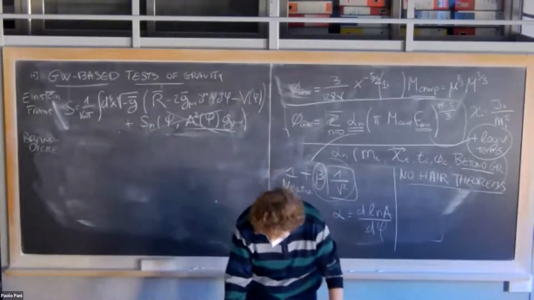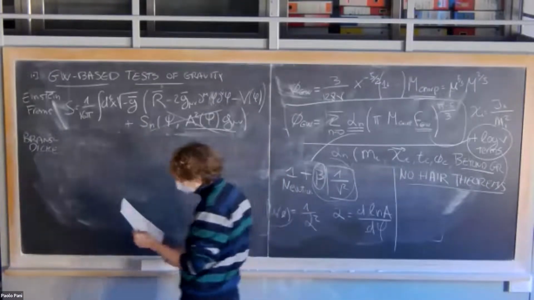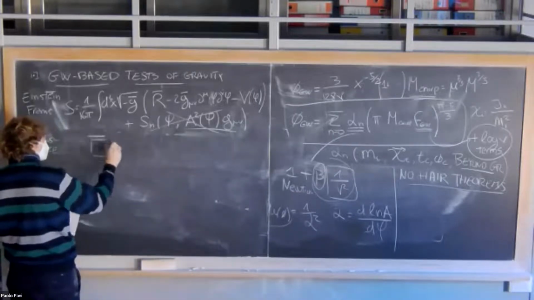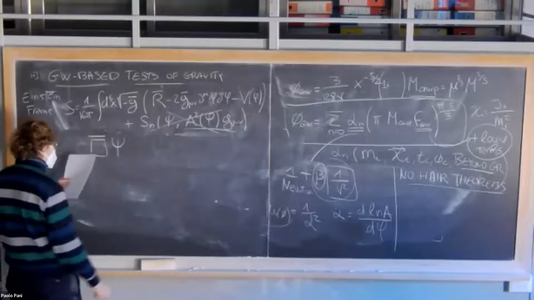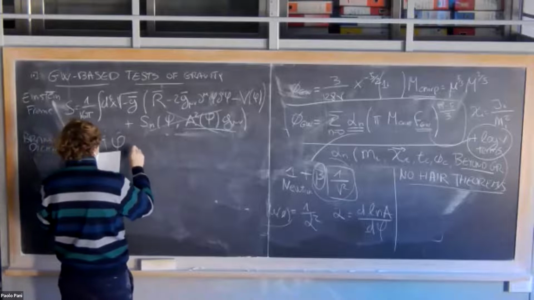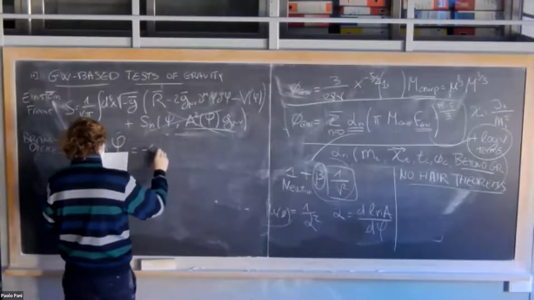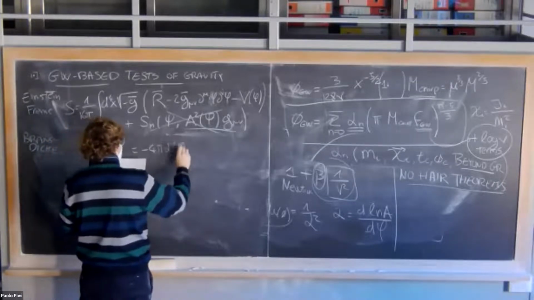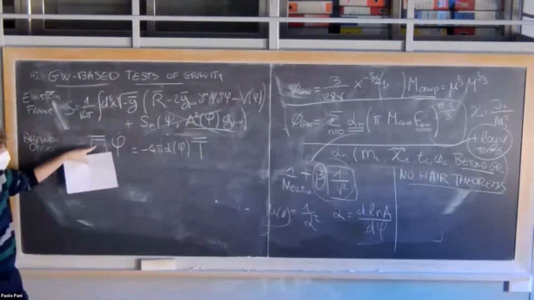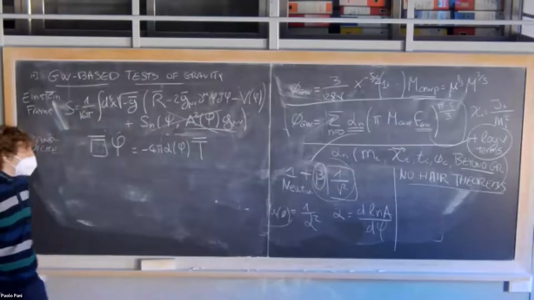I will write it because it might be useful. So this is the field equation for the scalar field. Box phi equals minus 4 pi alpha phi T bar, where by bar I mean quantities evaluated in the conformal metric.